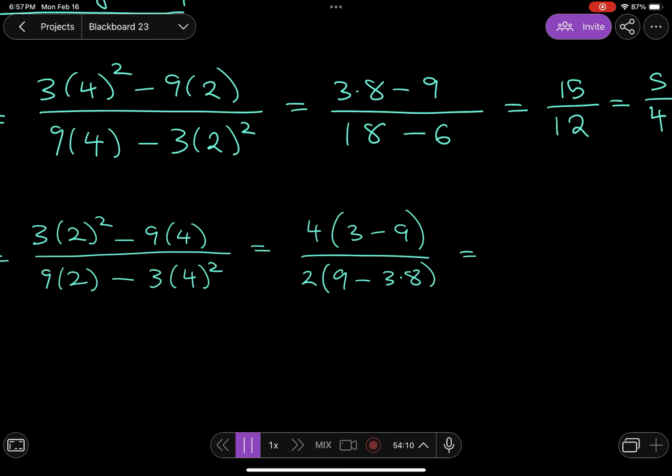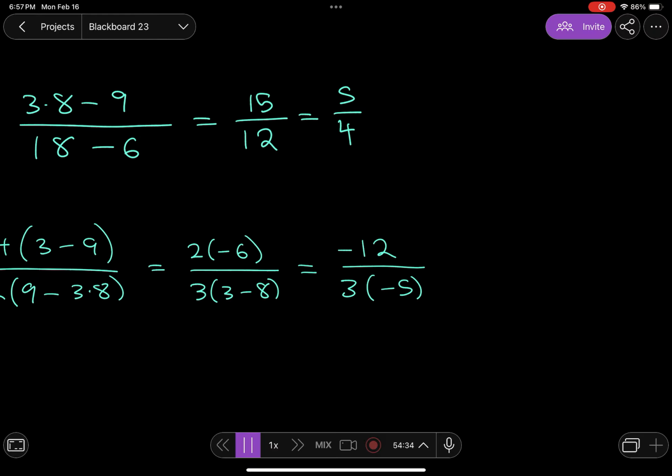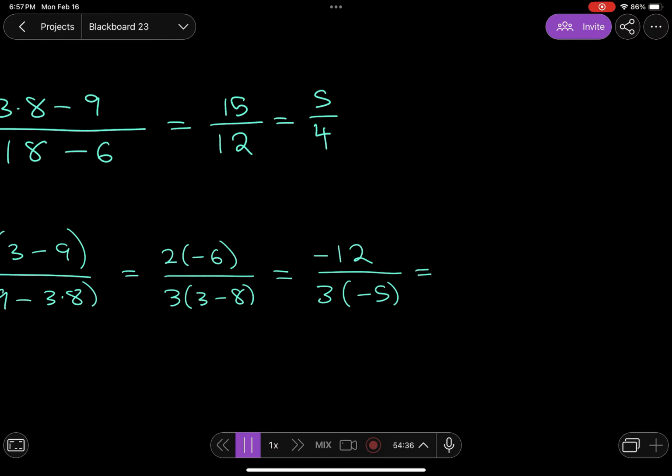This is the same thing as 2 times negative 6, all divided by 3 times 3 minus 8. That's the same thing as negative 12 divided by 3 times negative 5. That's the same thing as 4 fifths. Interesting. There's the reciprocal of this guy right here. I wonder what we're hinting at here.